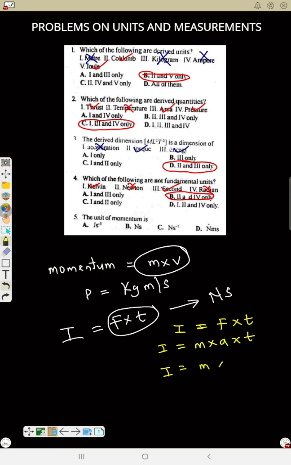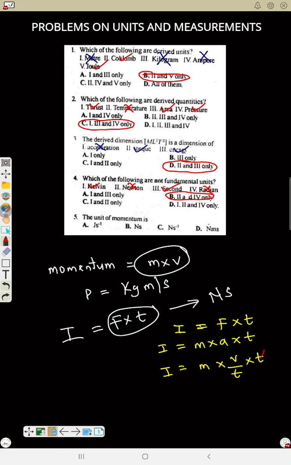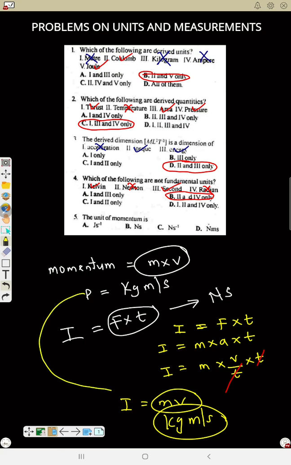Acceleration is velocity over time, then times time. You can see time will cancel out, so it remains impulse is equal to mass times velocity, which is kilogram meter per second, which is also the same as momentum.